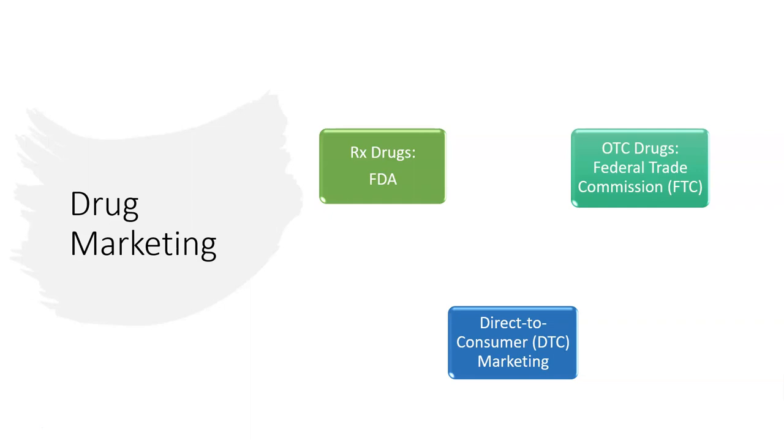So on average, they're going to have about 17 years of being able to sell that drug under the trade or brand name before it comes off. A couple of years ago, we had a lot of drugs that became available as generics, but we've had a slowdown with that. Until drugs have been on the market for at least probably 17 years, we're not going to see generics become available.